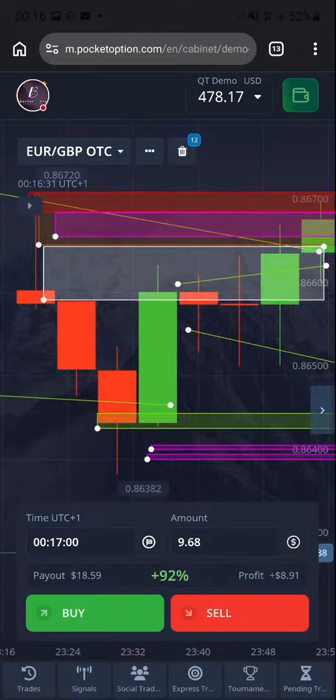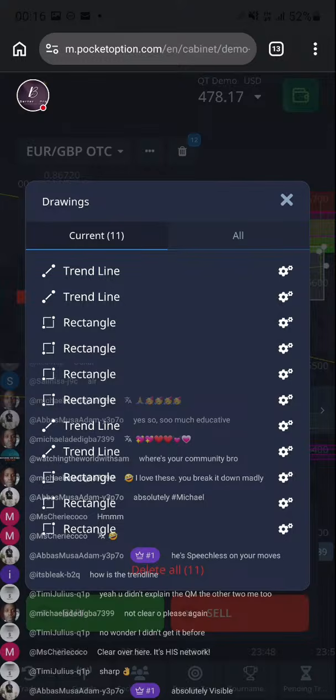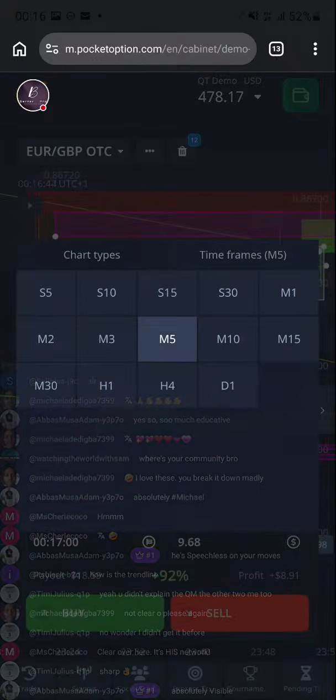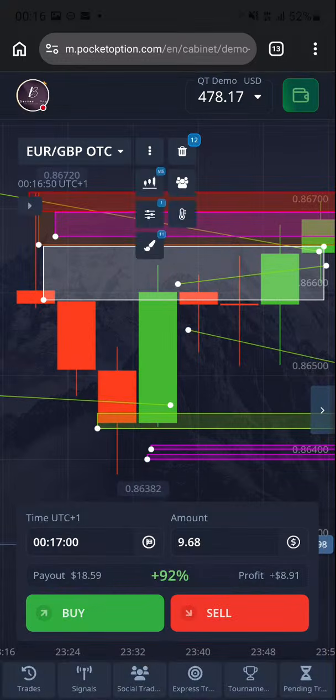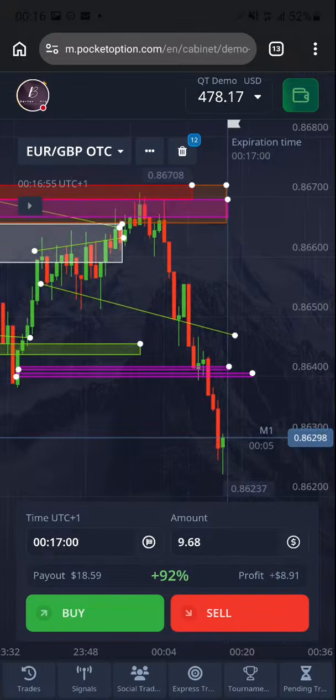Okay, fine. M5 gives us a better confirmation. So sometimes if you don't see the engulf in M3, you check M5. You may see the engulf in M5. It's very visible. Now, if you don't see it in M1, M3, and M5, you don't take the trade. But if you can see it in either M3 or M5, you take it. That's our confirmation.